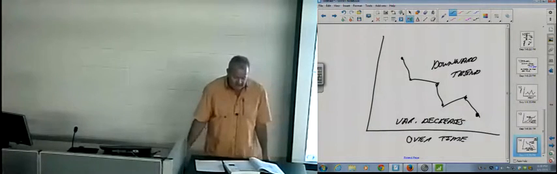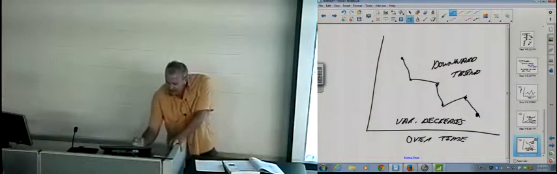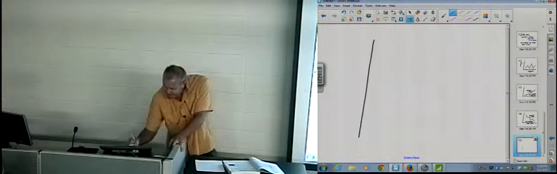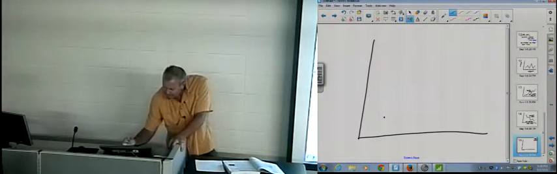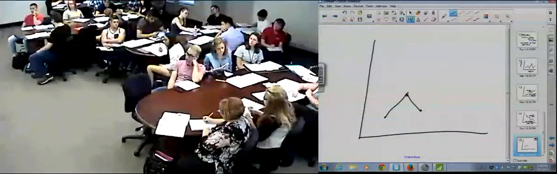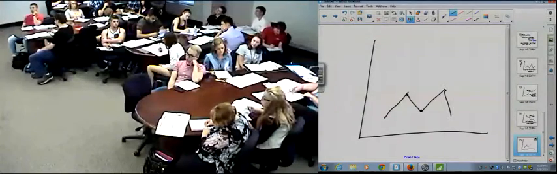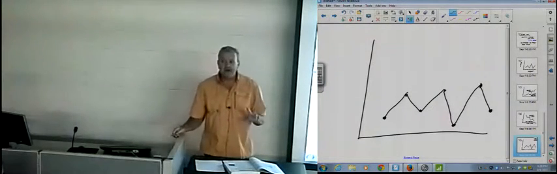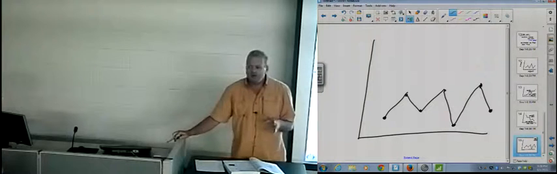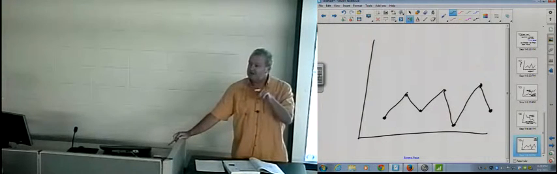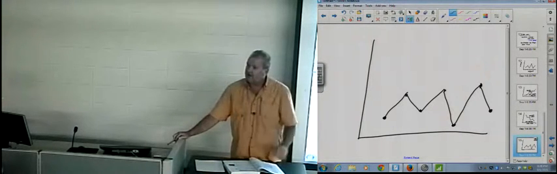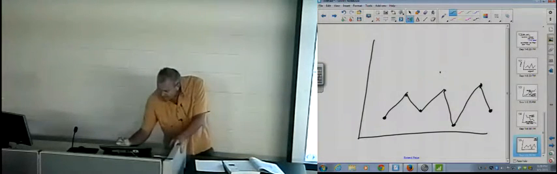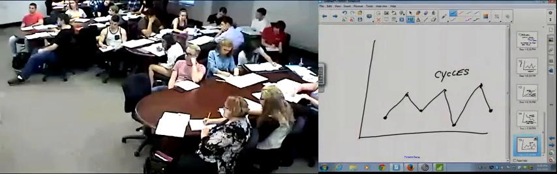And then the only other one that actually even makes sense for me to talk about is actually the one that's in the example. And what you see is this. Now, it's not perfect. Now, that's not an upward trend. That's not a downward trend. What's happening over time is the variable is repeating itself, right? It's cyclical.